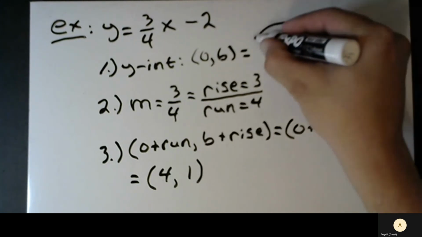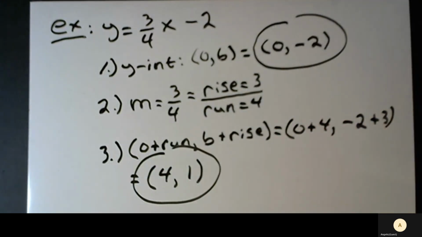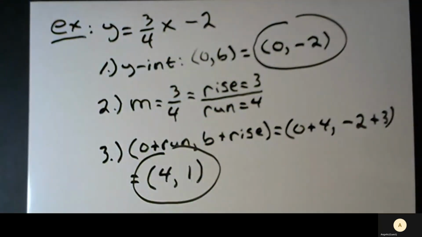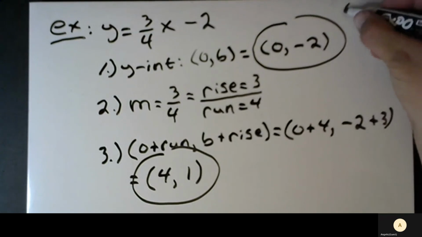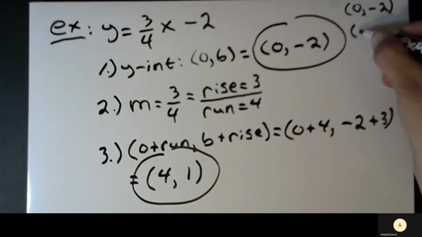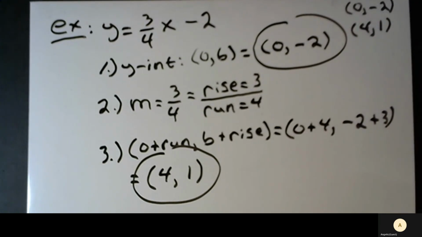So we have 2 points we can use to graph our line using the y-intercept, which we can read directly from the line, and then a second point we can generate using the help of the slope. I'm going to put these over here. So any questions about that?